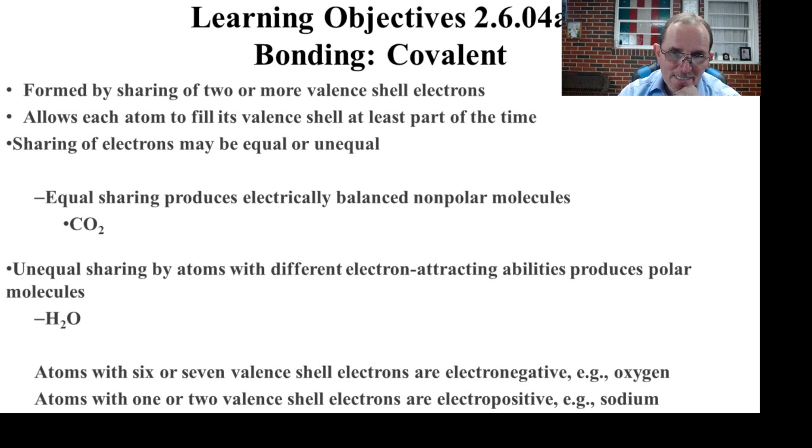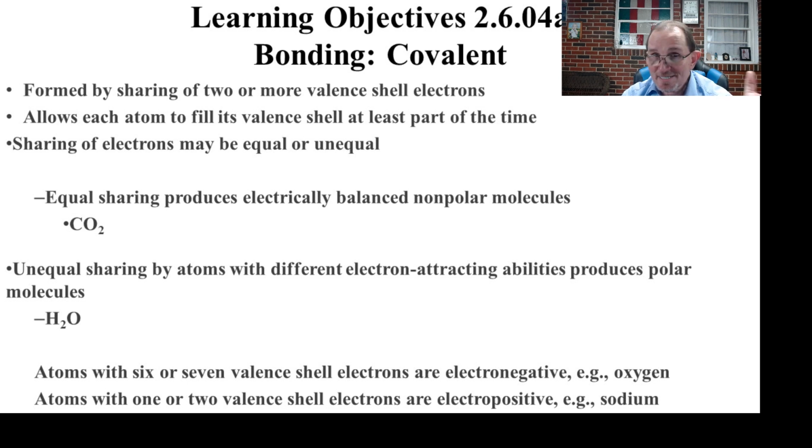Electropositive, this is a guy that's going to have a tendency to lose an electron like sodium. If you've got 1 or 2 electrons in your outer shell, it is easier to just get rid of those than it is to come up with 6 or 7 other electrons. So the electronegative atoms, that's going to be like oxygen or like chlorine.